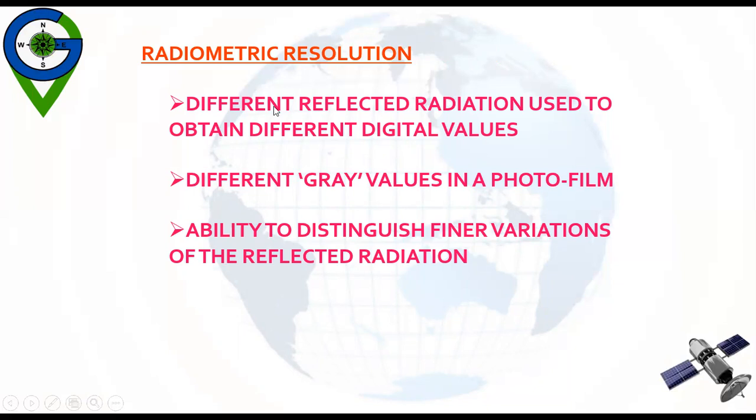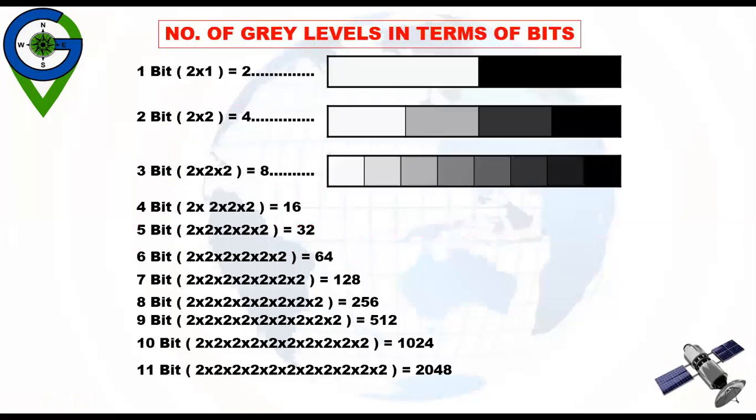So the different reflected radiation is used to obtain different digital values, different gray values in a photo film, or the ability to distinguish finer variation of a reflected radiation. Let's better explain this with the help of some examples. If the satellite image is of 1 bit, it means only 2 shades of gray are there, one is black and one is white.